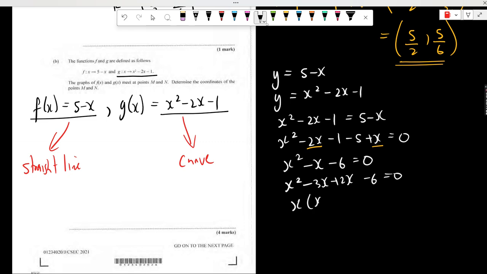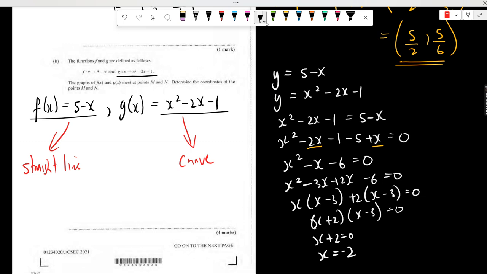So we have x bracket x minus 3 plus 2 bracket x minus 3 equals 0. So we have x plus 2 times x minus 3 equals 0. So x plus 2 equals 0, which means x equals minus 2, or x minus 3 equals 0, which means x is equal to 3. Did you get those values?